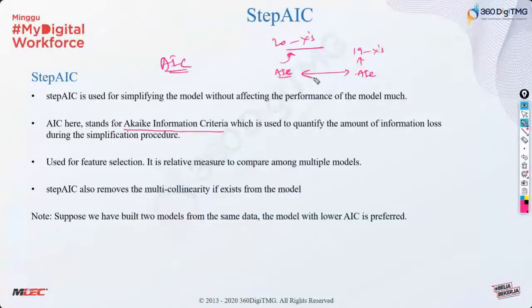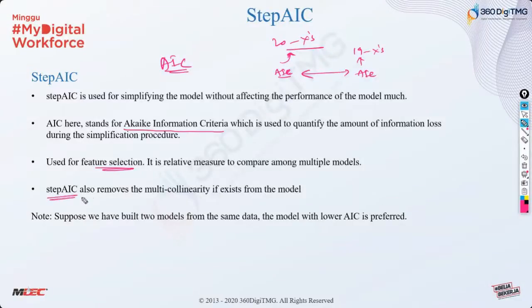We look at the AIC between both models, and the model with the smaller value, we consider as the best model. This is used for feature selection, and it is always a relative comparative method. Here you're doing the comparison.